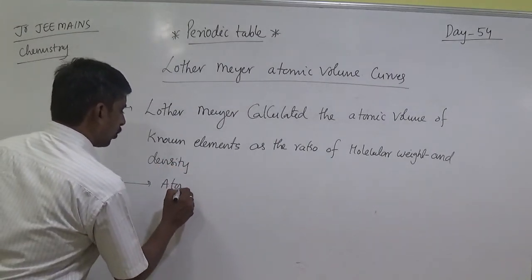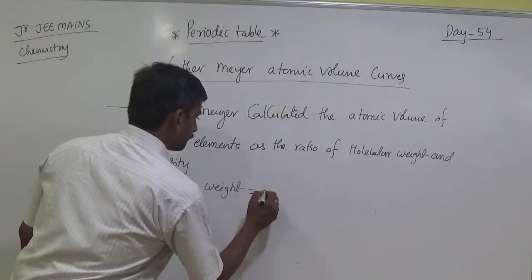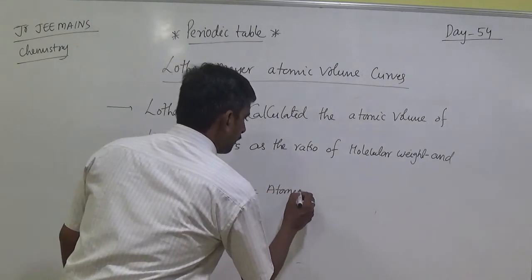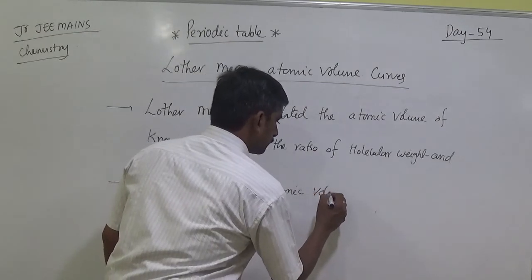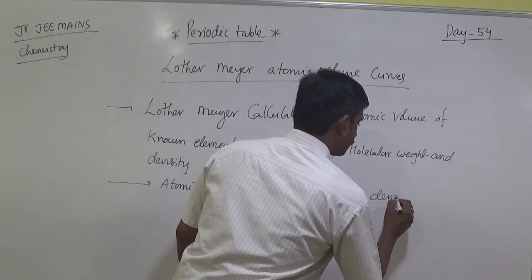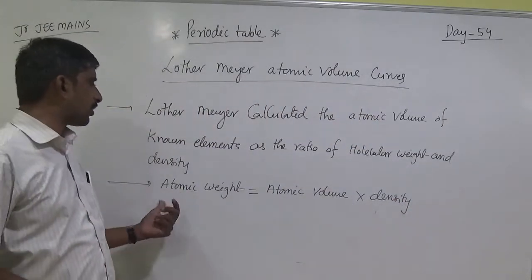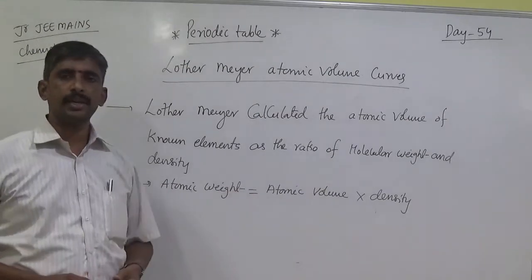Simply, the atomic weight equals atomic volume into density. Molecular weight, or atomic weight, equals atomic volume into density. Write down.